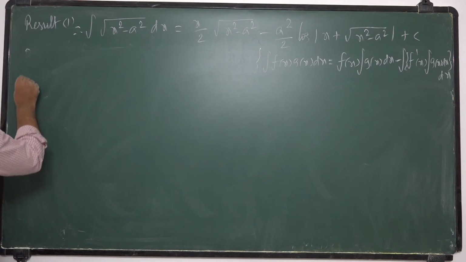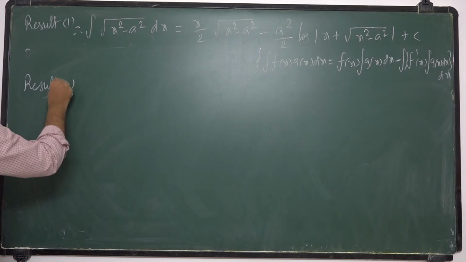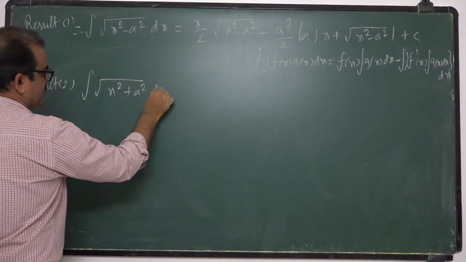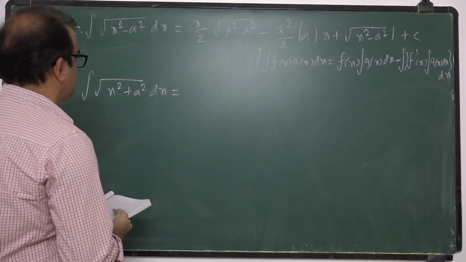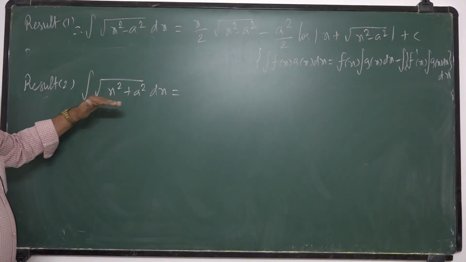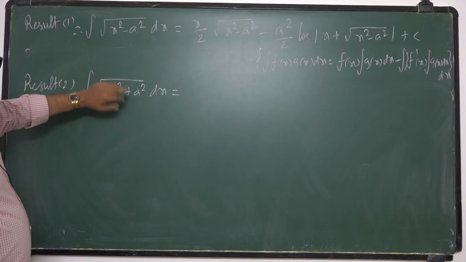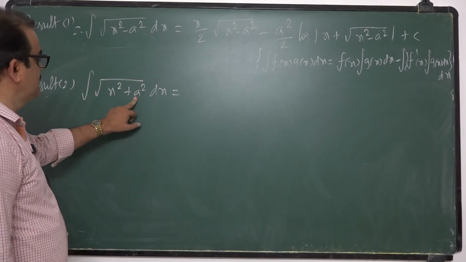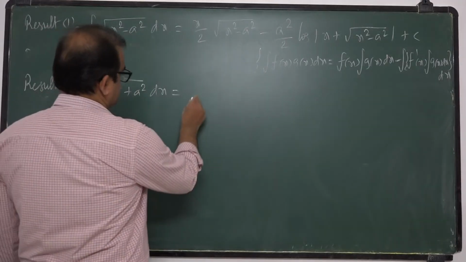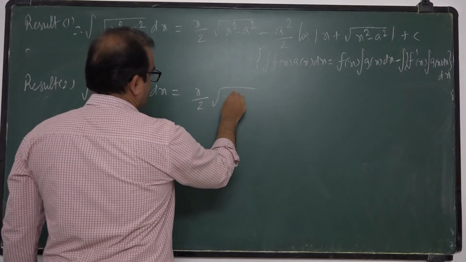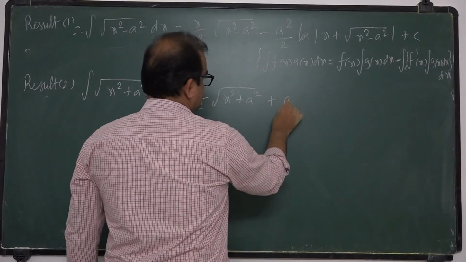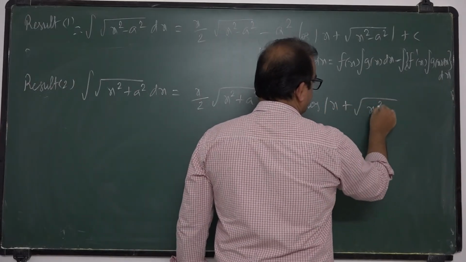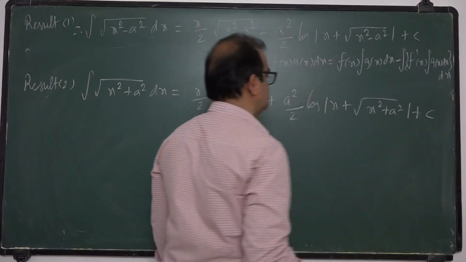Next, result 2: integral of root of x square plus a square into dx, that is equal to x by 2 into root of x square plus a square plus a square by 2 into log mod x plus root of x square plus a square, plus c.